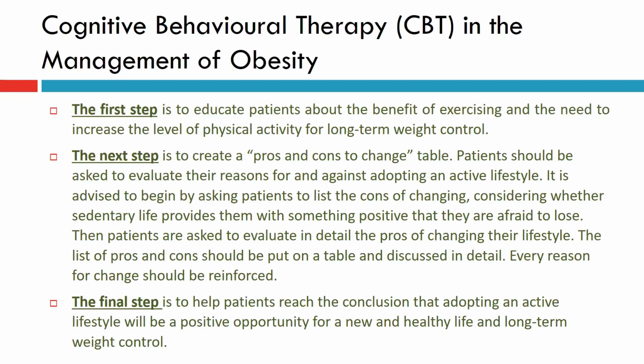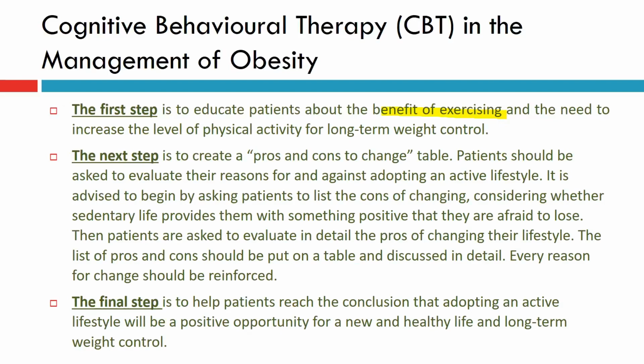There are three steps to do CBT. The first step is to educate the patients about the benefits of exercise and the need to increase the level of physical activity for long-term weight control.